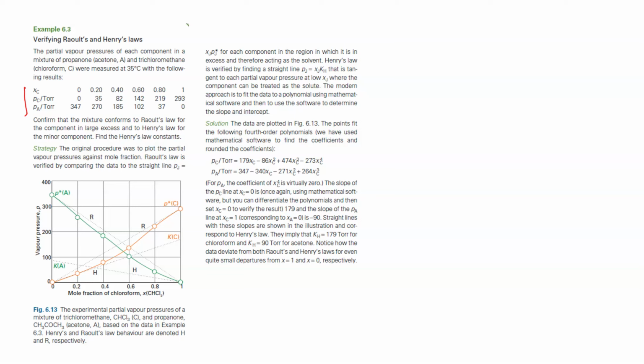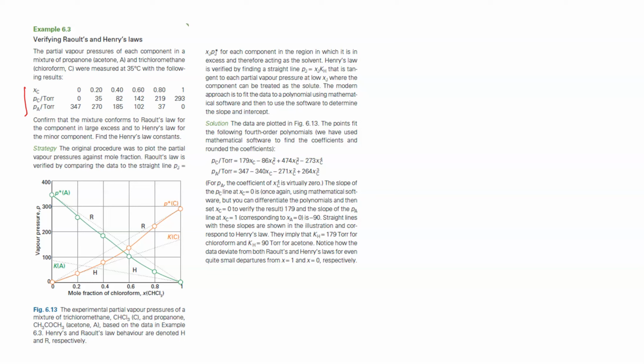Henry's law is verified by finding a straight line, partial pressure J equals mole fraction of J times K sub H, or Henry's law constant, that is tangent to each partial vapor pressure at low mole fraction of J, where the component can be treated as the solute.